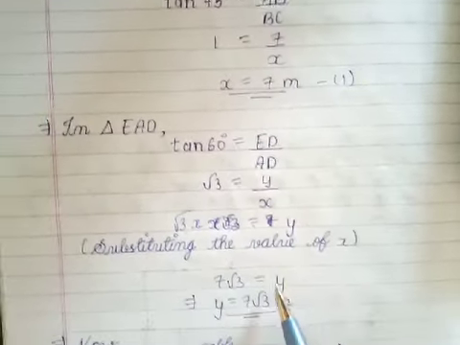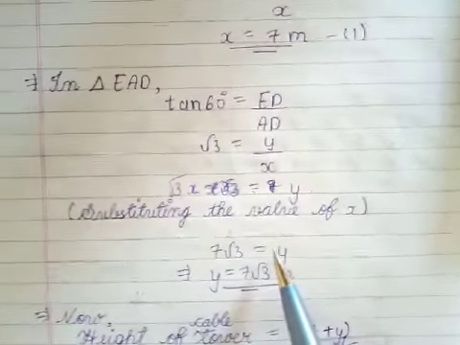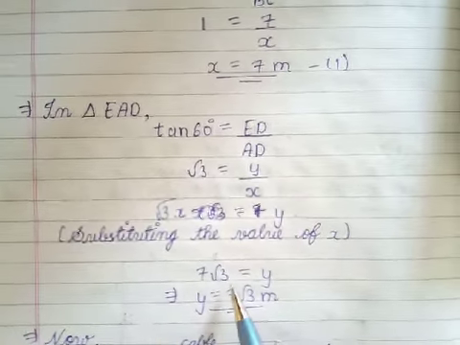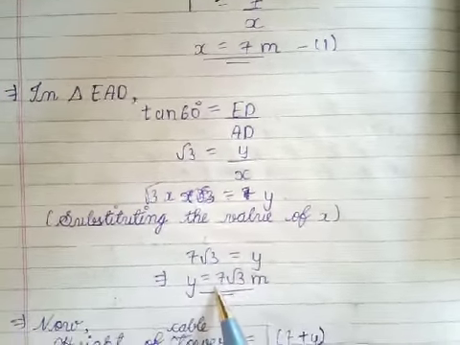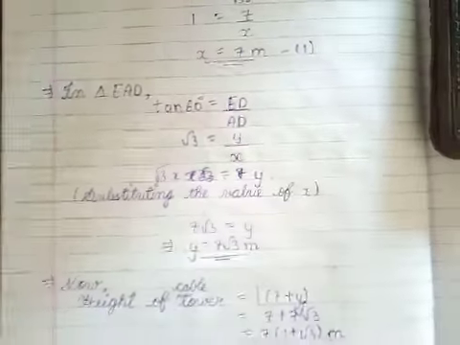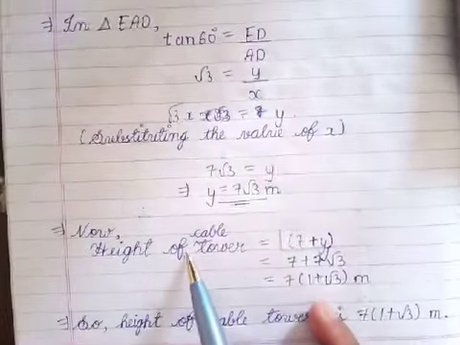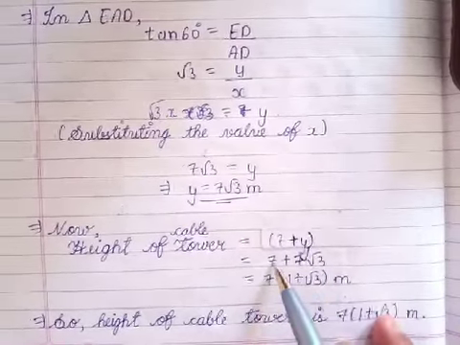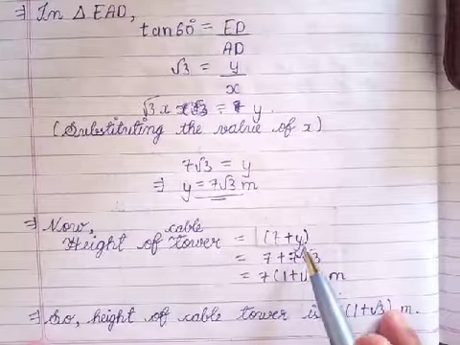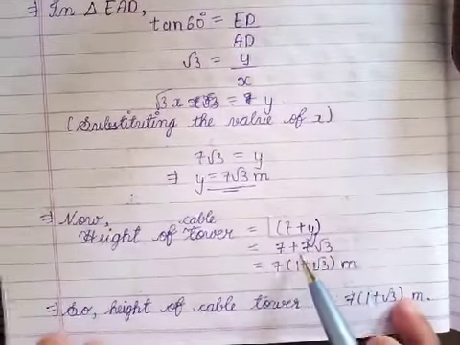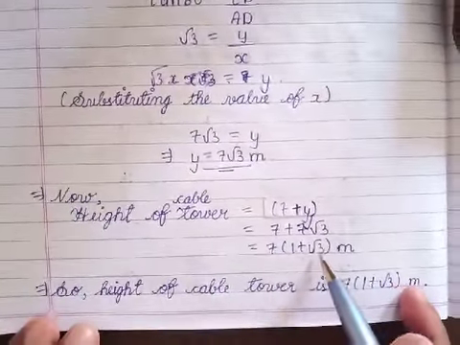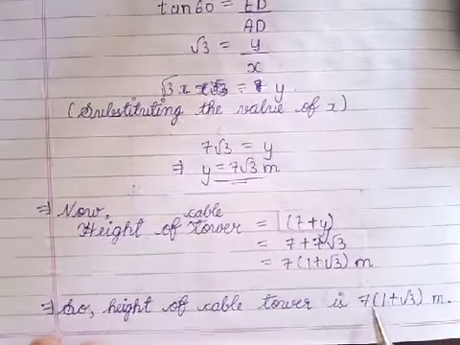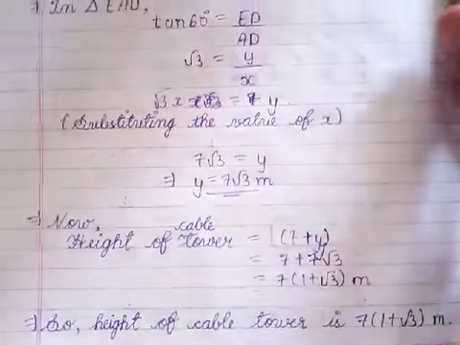Substituting the value of x, x is equal to 7, so we get 7 root 3 is equal to y. So y is equal to 7 root 3 meter. So now the height of the cable tower is y plus 7, so 7 root 3 plus 7, so 7 will be taken common, so 7 times 1 plus root 3 meter. So the height of the cable tower is 7 in the bracket 1 plus root 3 meter.